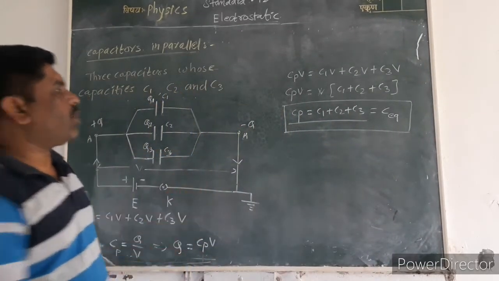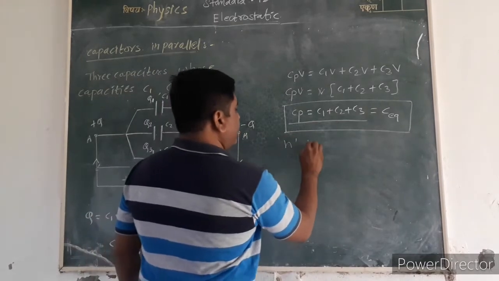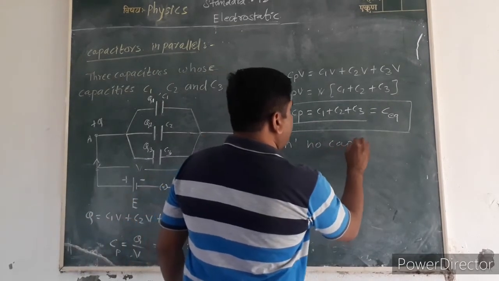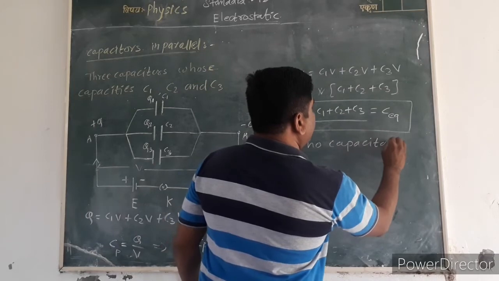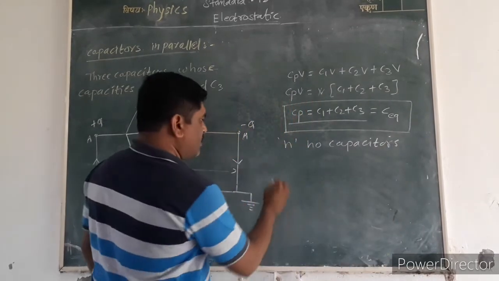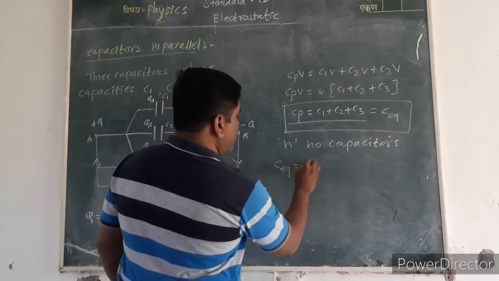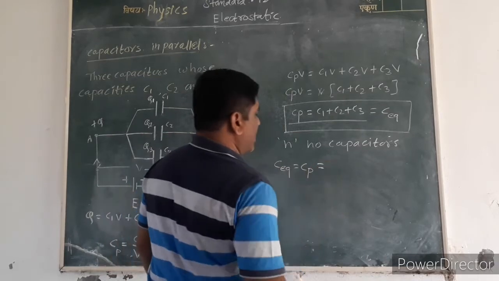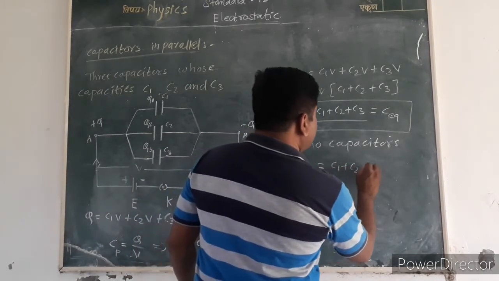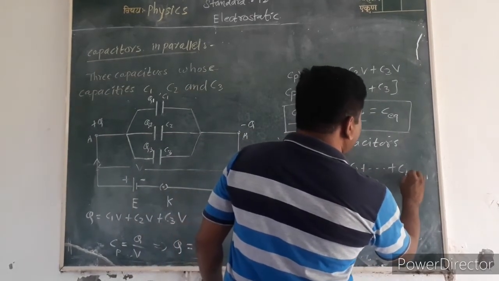Suppose there are n number of capacitors, then the C equivalent or Cp is equal to C1 plus C2 and so on up to Cn.